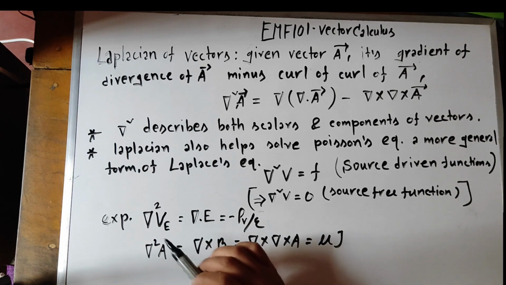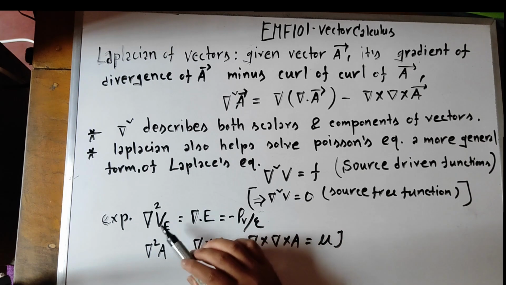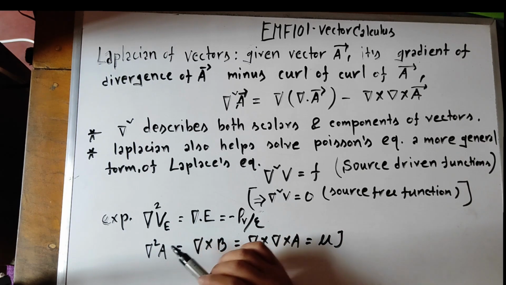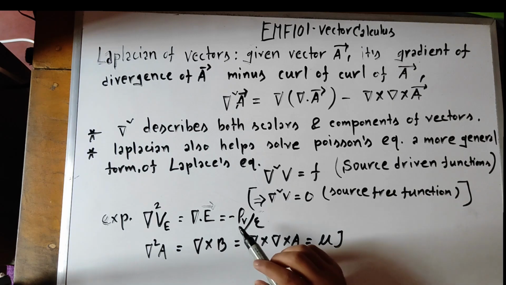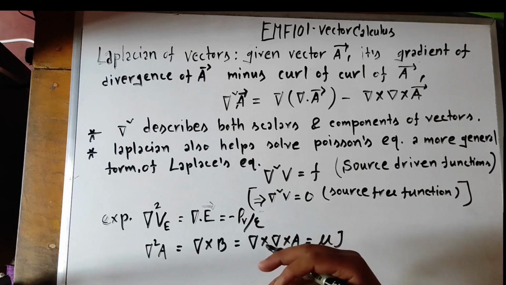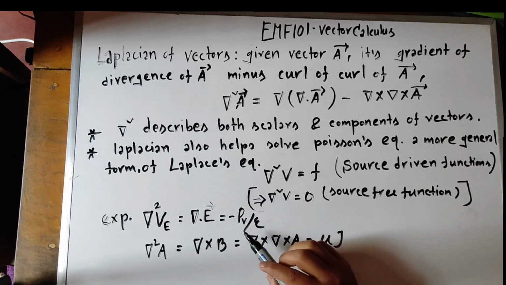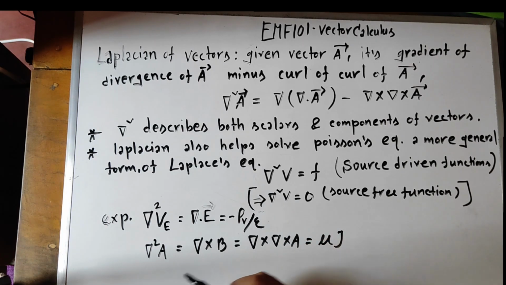For example, the Laplacian operator acting upon scalar potential V equals negative divergence of the vector E, electric field intensity, which equals rho v by epsilon in general, where rho v is volume charge density and epsilon is electric permittivity.